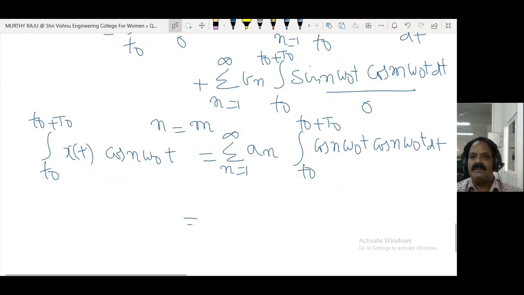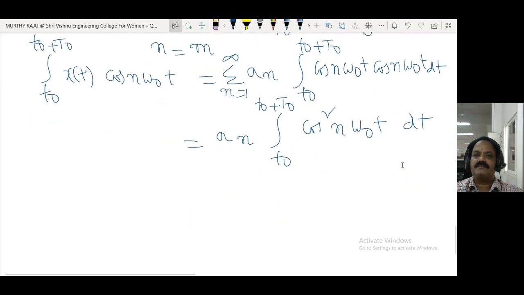That is equal to n is equal to 1 to infinity. Let it be an times the integral from t0 to t0 plus T0 of cos square n omega naught t. Cos square theta is equal to (1 plus cos 2 theta) by 2.